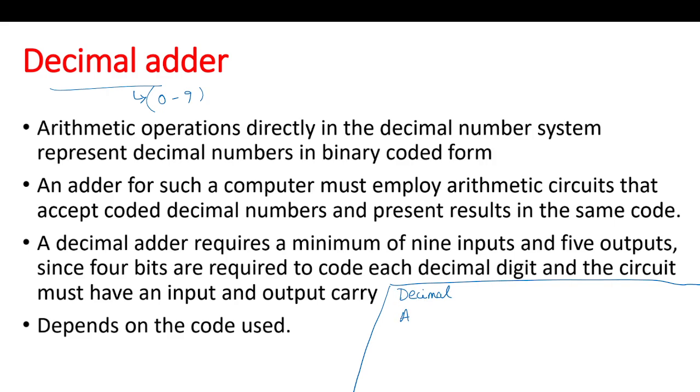Say we have a which is 4 bit and b which is 4 bit, and c in which is a carry. The digits can be 0 to 9, and carry can be 0 or 1.